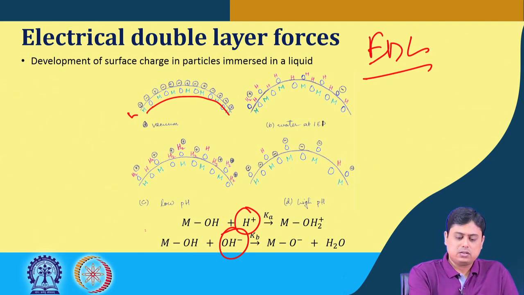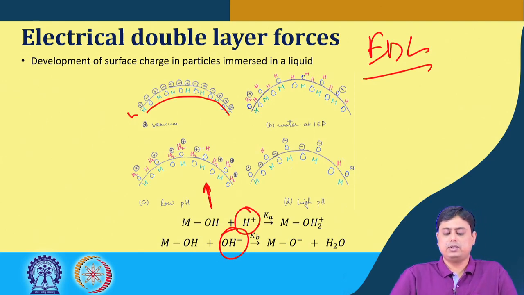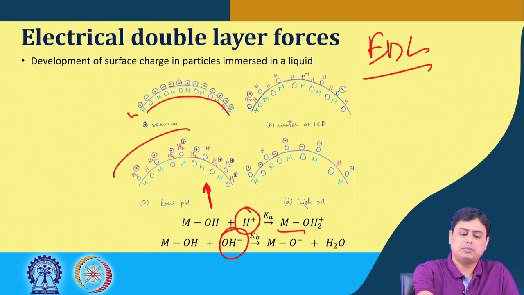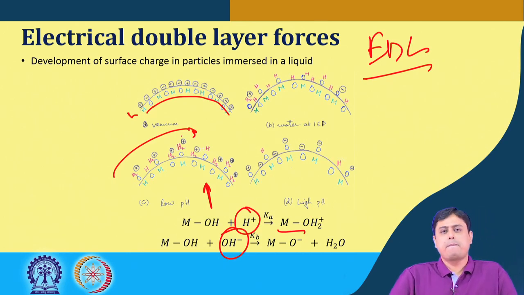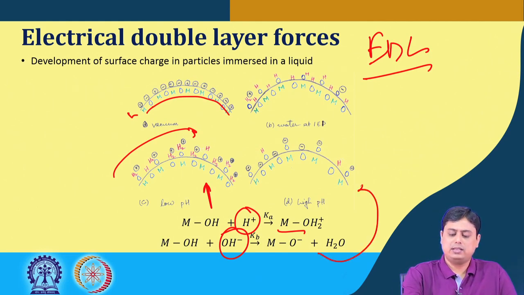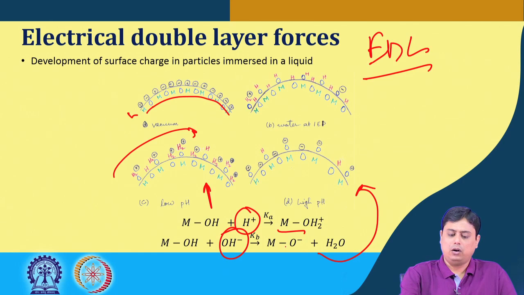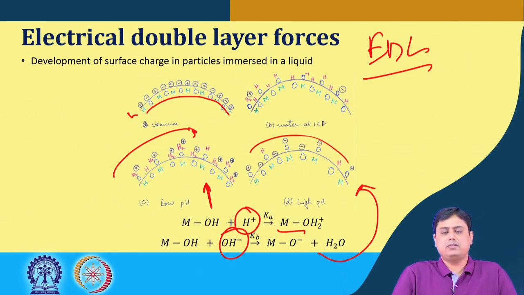In case of low pH, the configuration would look like this kind of scenario, where it would create MOH2 plus on the surface. And in case of high pH, that is alkaline medium, it would create MO minus, or a higher density of this kind of surface charges.